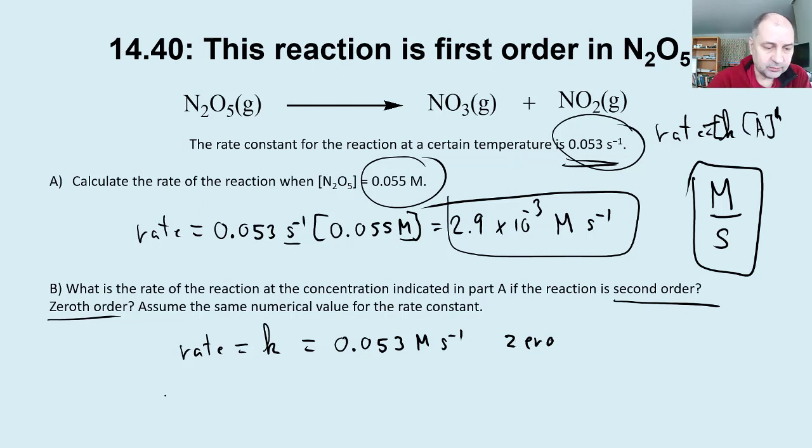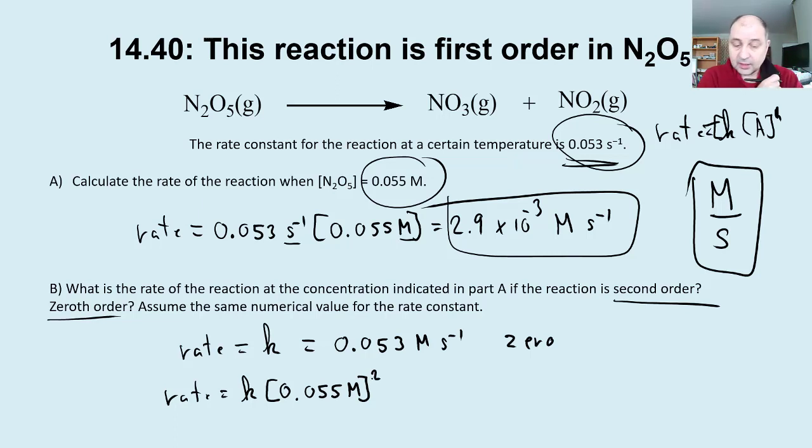And then for second order, the rate is going to be equal to K times the concentration. So we're going to keep the concentration the same, 0.055 M, but now to the second power. And so just looking at the units, if I take M to the second power, that's M squared. And if my rate is in molar per second, the units of K have to be per molar per second. So let's adjust those units.